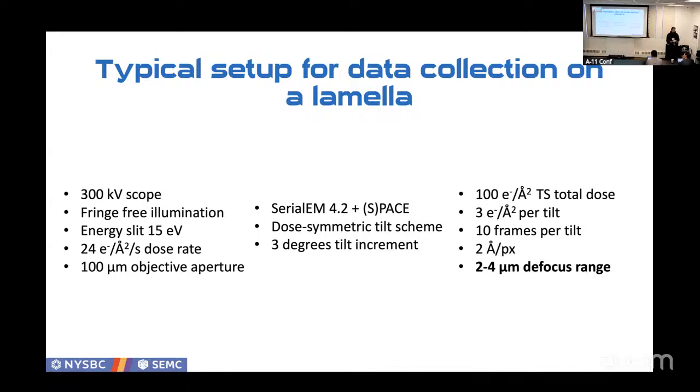So about 100 electrons total dose, 3 electrons per angstrom squared per tilt, about 10 frames per tilt. Our standard high mag is 2 angstrom per pixel, but we collect anywhere from 2 to 4, depending on your needs. Yeah, that's all I have, and happy to take any questions.